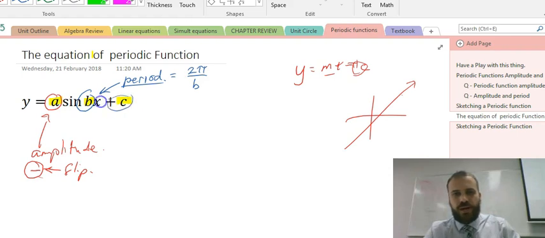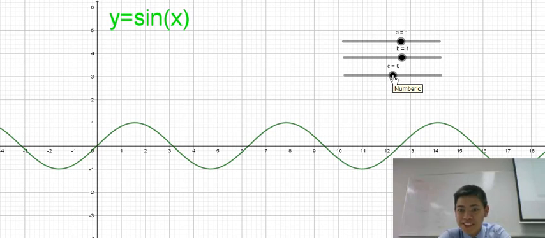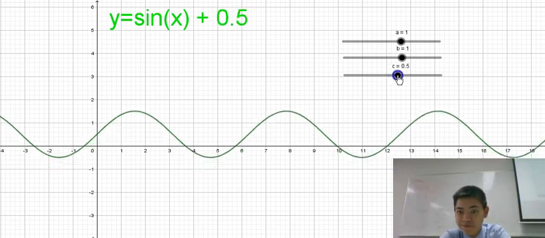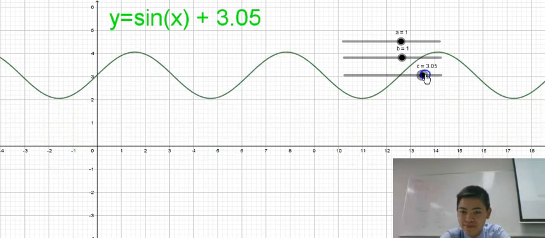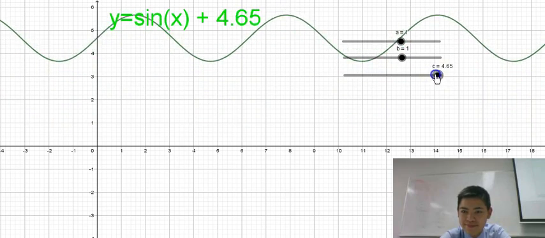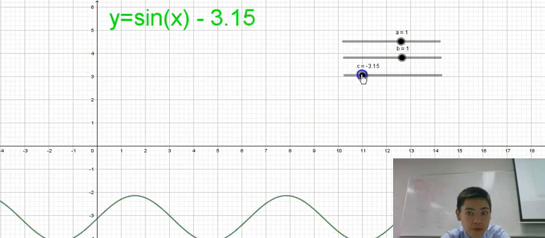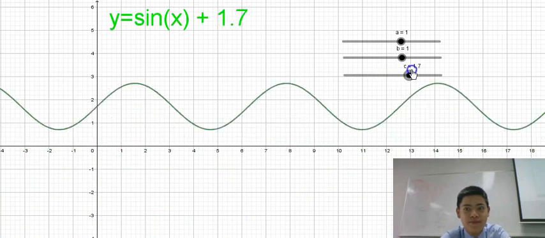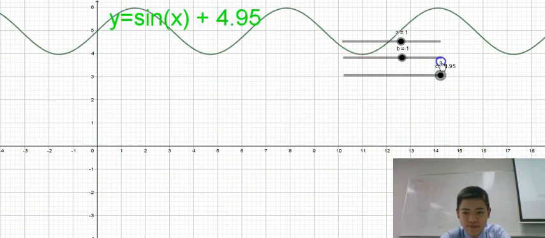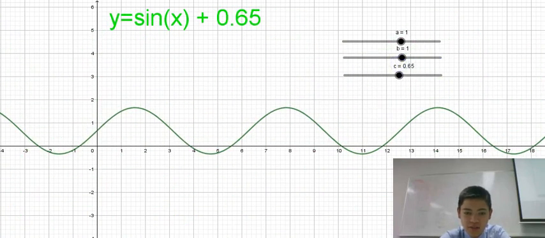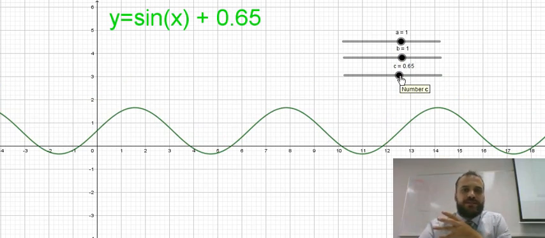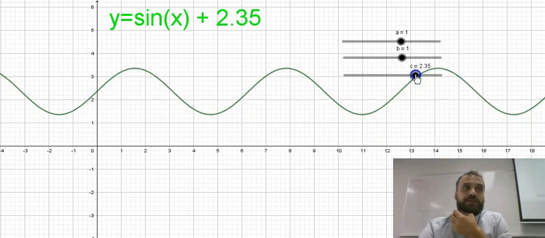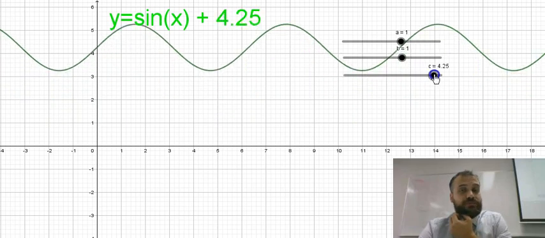Now, I wonder what happens with the c value. What do I do with the c slider? Alright, so here we can see that the c slider is going to affect the vertical shift.